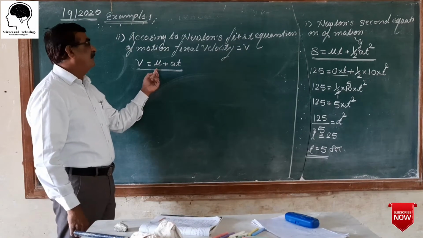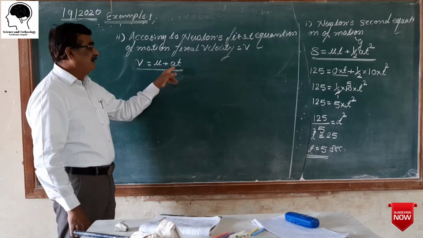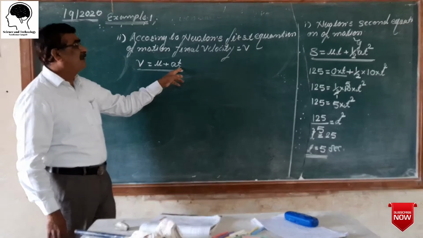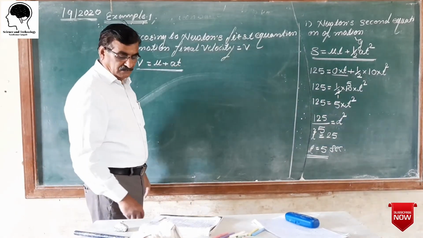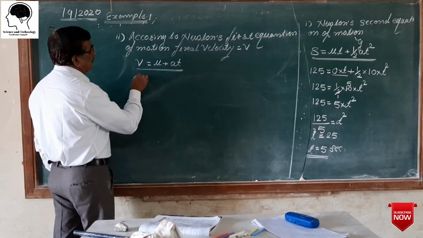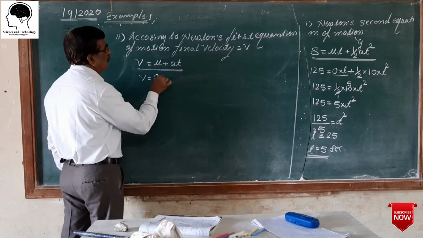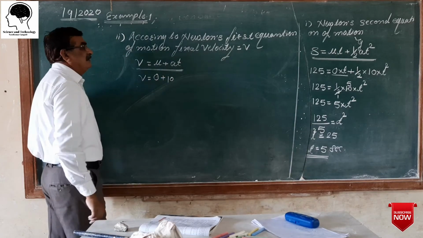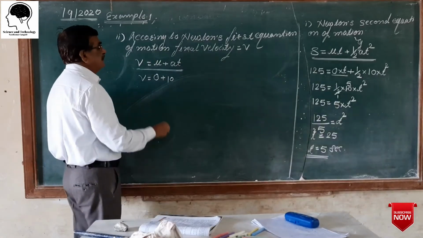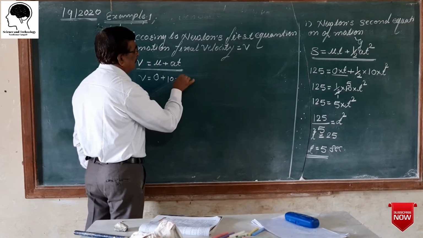Initial velocity is 0. g or a is given here, and just now we calculated the time. Thus we use v is equal to u, here u is 0, plus g, which is 10 meter per square second, and t is 5 seconds.